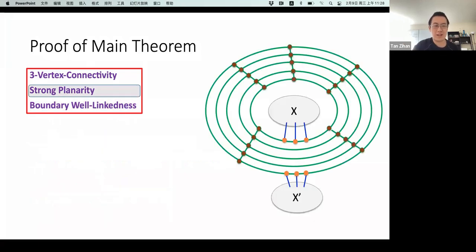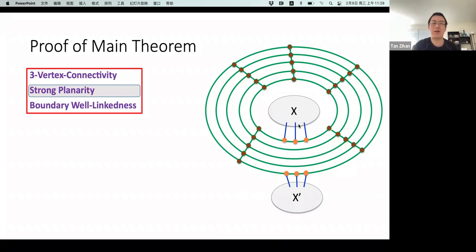So let's look at the next one, strong planarity. This is something that is trickier to achieve. Recall that strong planarity requires that in the unique drawing of this green cluster, all boundary vertices lie on the same face. For example, this is a green cluster, and in the remaining graph there are two connected components connecting to this green cluster via inter-cluster edges, for example the blue edges.